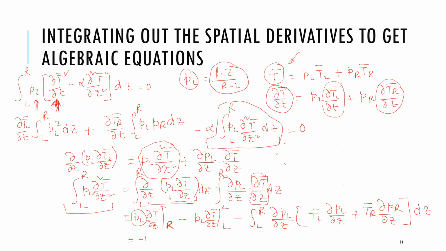So it's the next term, minus PL ∂T̄/∂Z at L, minus TL bar integral (∂PL/∂Z)² dz, minus TR bar integral ∂PL/∂Z ∂PR/∂Z dz, L to R and also L to R. That's as much as we can put on this page, so let's stop here.